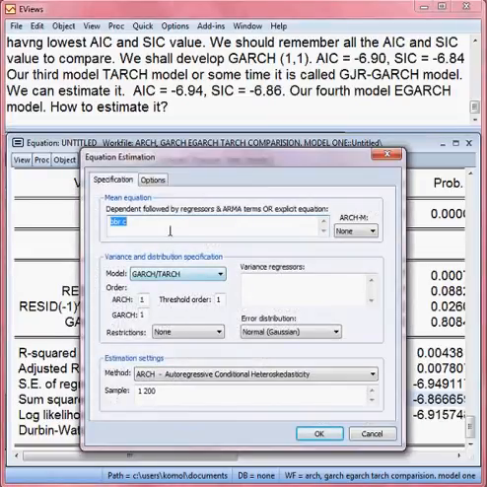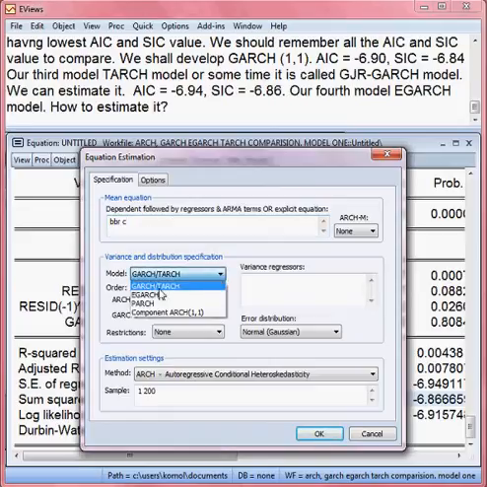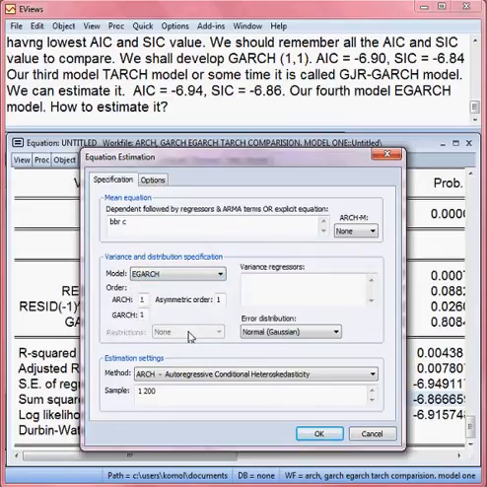Then from here I choose EGARCH. Here there is one ARCH and one GARCH, and the order should be 1. So that is our EGARCH model. I click OK.